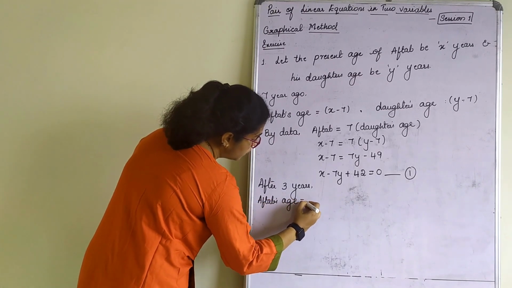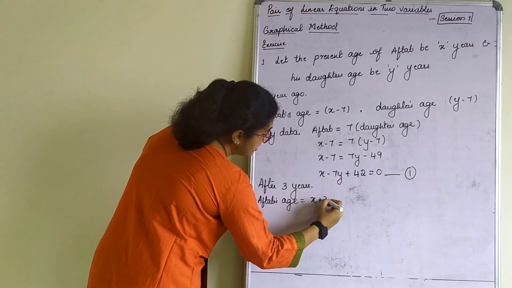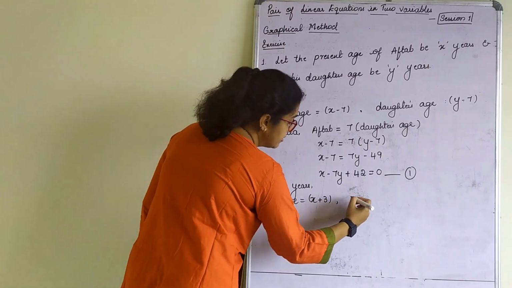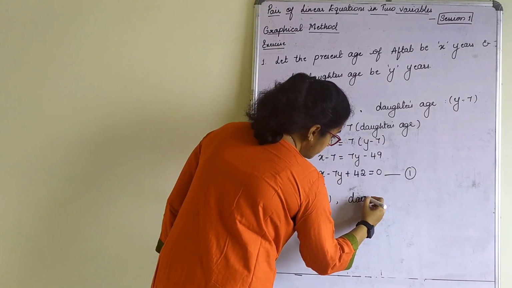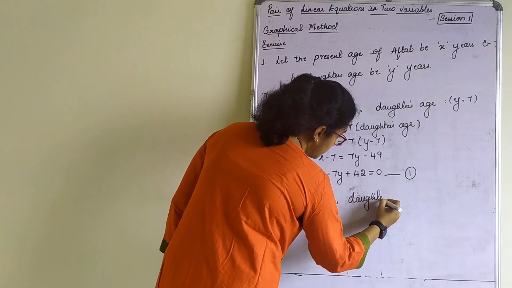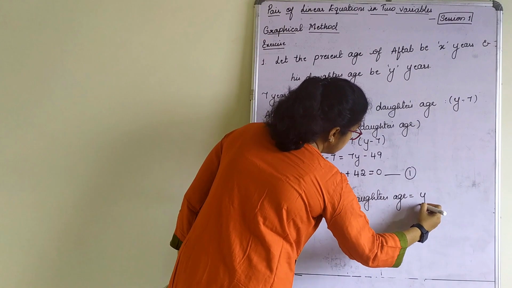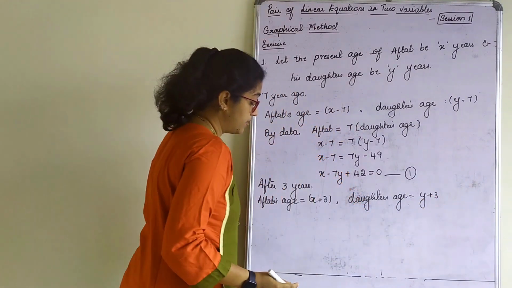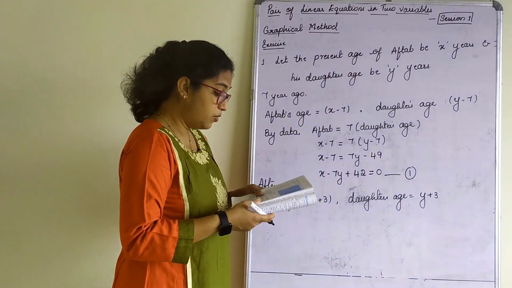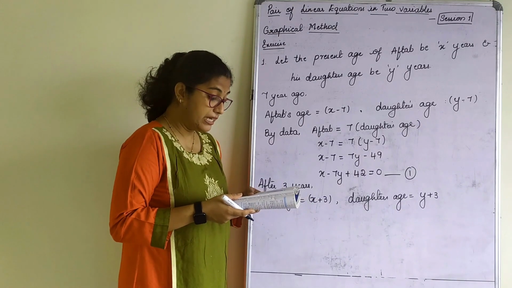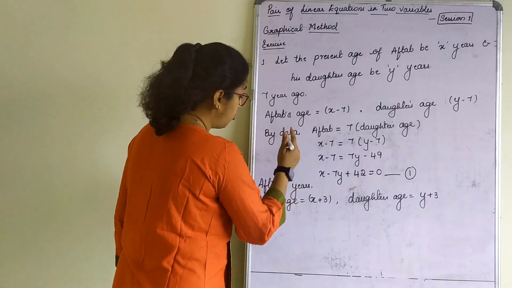Aftab's age will be x plus 3 and daughter's age will be y plus 3. Then 3 years from now, Aftab will be 3 times as old as his daughter.